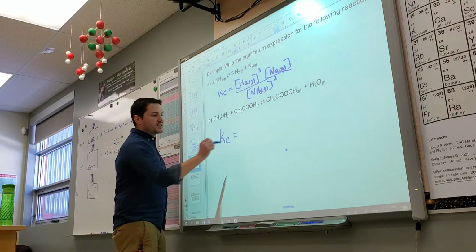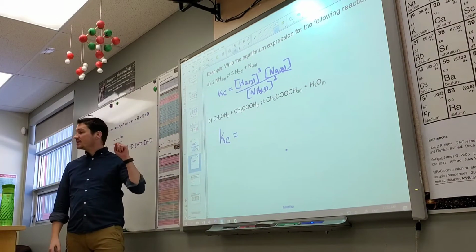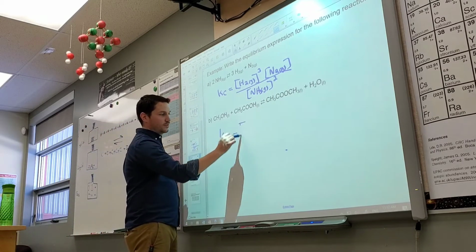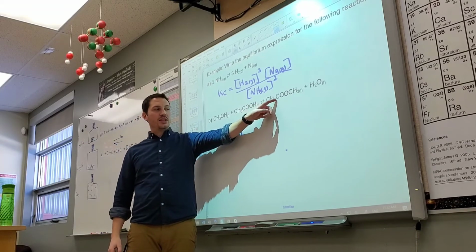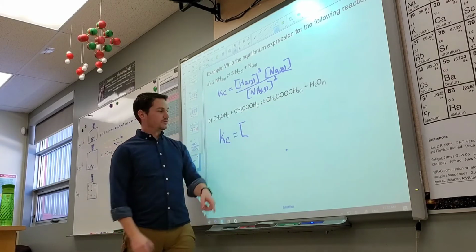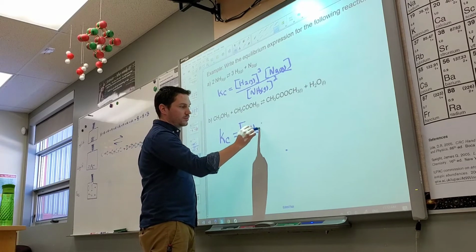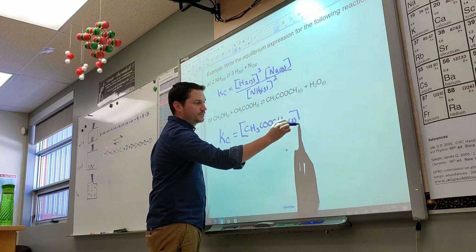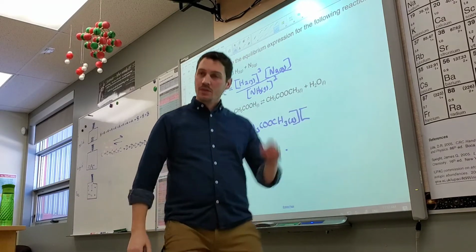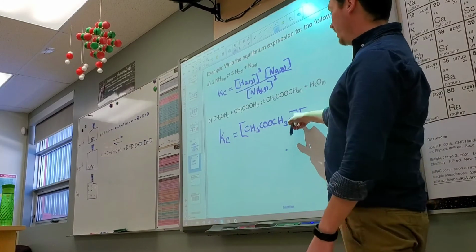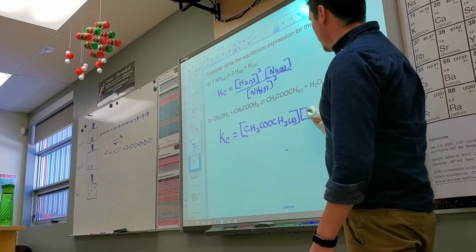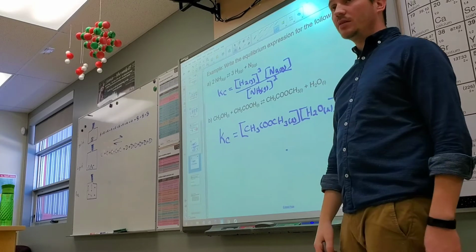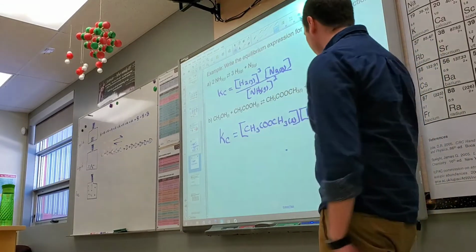Kc, specifically for this reaction, is CH3COOCH3, liquid, being raised to the power of 1, so we don't write it, times water, liquid, being raised to the power 1, so we don't write it.